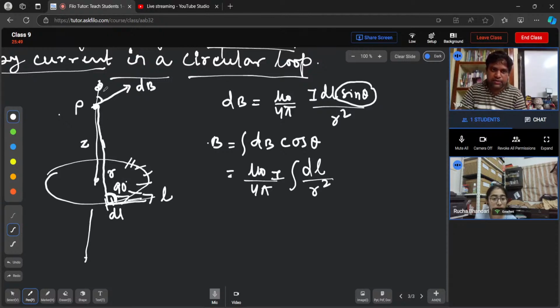This angle will be theta. Which angle is theta?